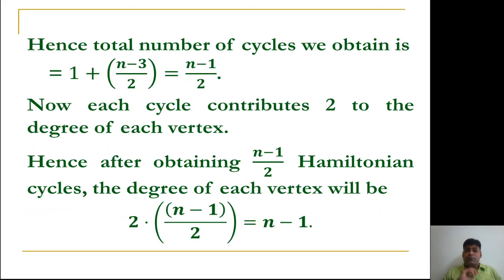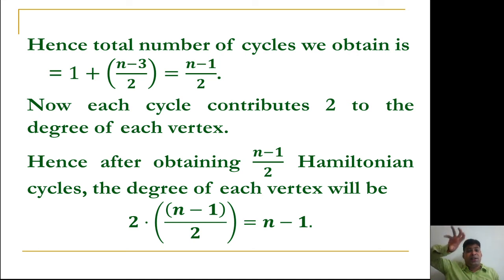Fine. After (n minus 3) by 2 rotations, how many circuits do we obtain? (n minus 3) by 2 rotations give you (n minus 3) by 2 new Hamiltonian circuits, and one original polygonal pattern was there. That was also a Hamiltonian circuit.